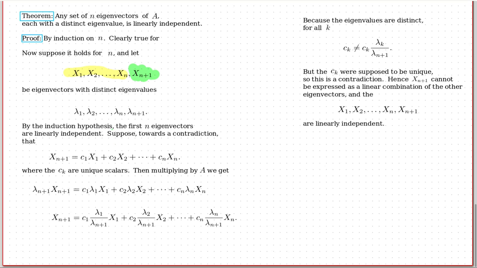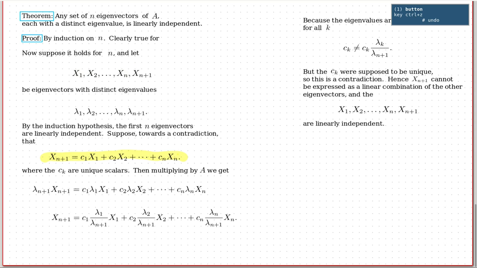Suppose, towards a contradiction, that this is not true, and that the n plus first eigenvector is actually dependent on the first n, or in other words, assume that we can actually express x(n+1) as a linear combination of the first n eigenvectors.